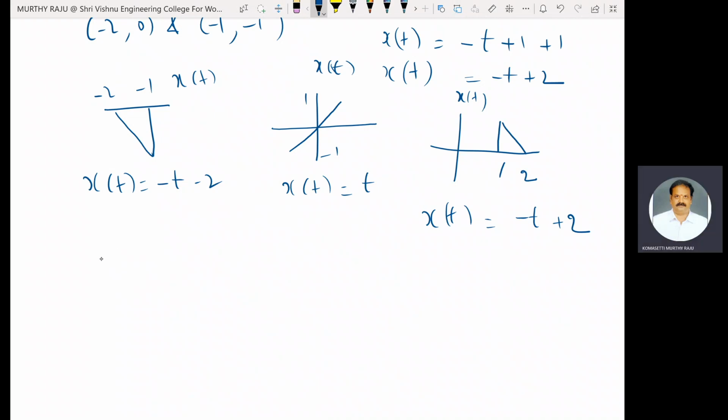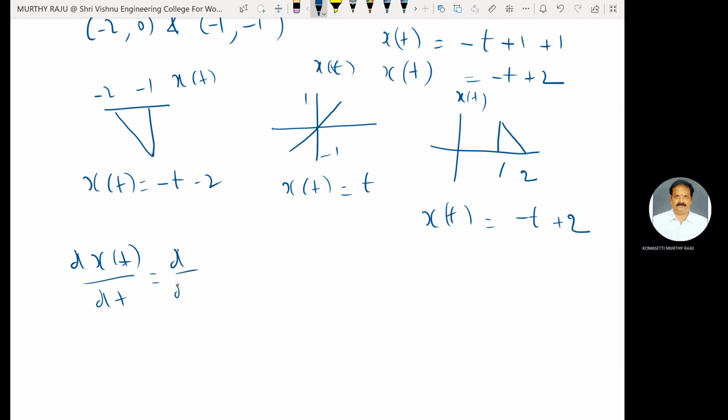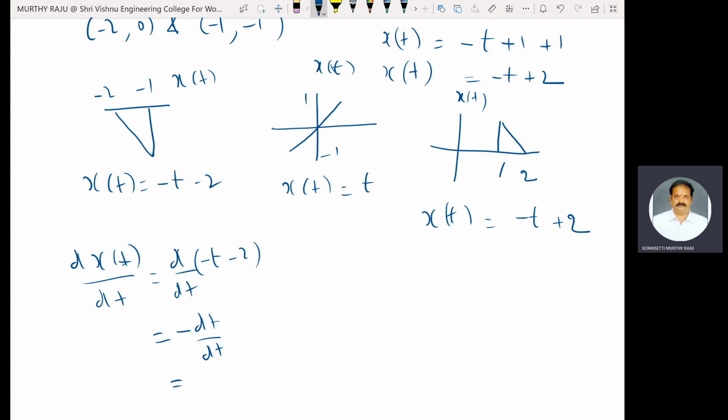Coming to the first differentiation, dx of t by dt here is equal to d by dt of minus t minus 2, that is equal to minus 1, since the derivative of a constant is 0.